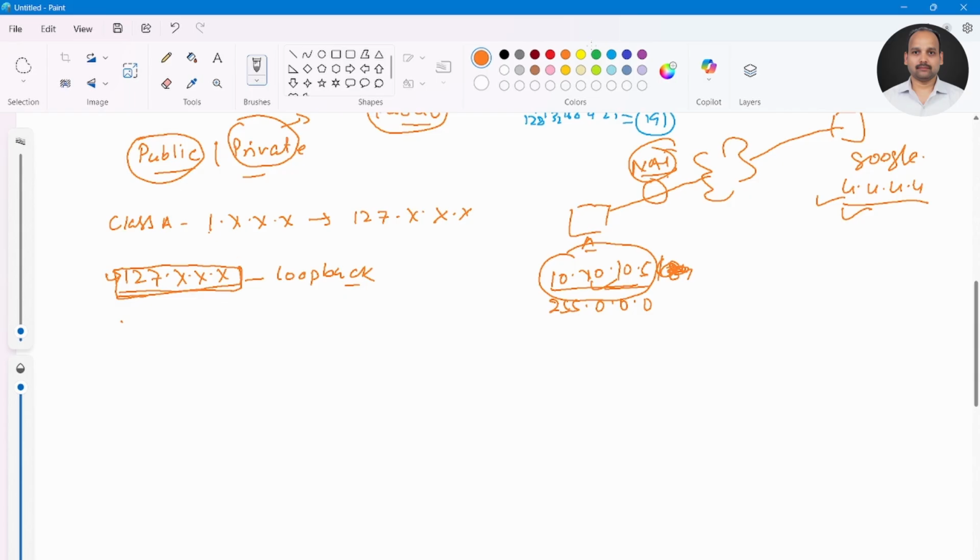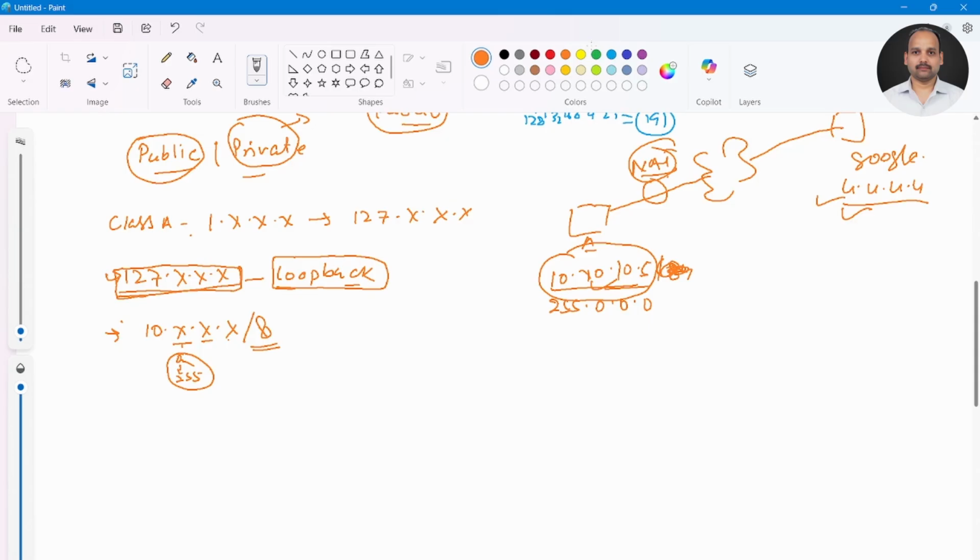So if you see in class A, that one address range is called the loopback address. One private range is also excluded from this range, 10.x.x.x slash 8 bit. We will discuss what the slash 8 is later. So x means 0 to 255, any value can be in this octet.